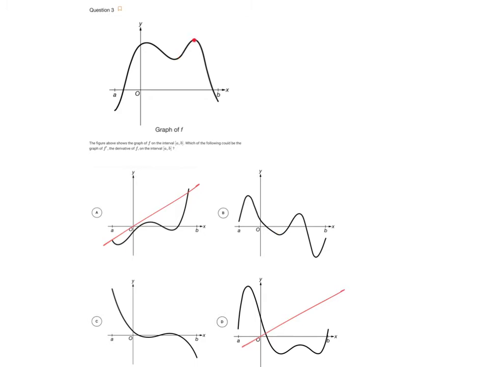Then this starts increasing, so the derivative should be above the x-axis. This little stretch is like this little stretch or this little stretch. And then it's decreasing, so this should be below the x-axis. So it's really between b and c, and it's kind of a close one.